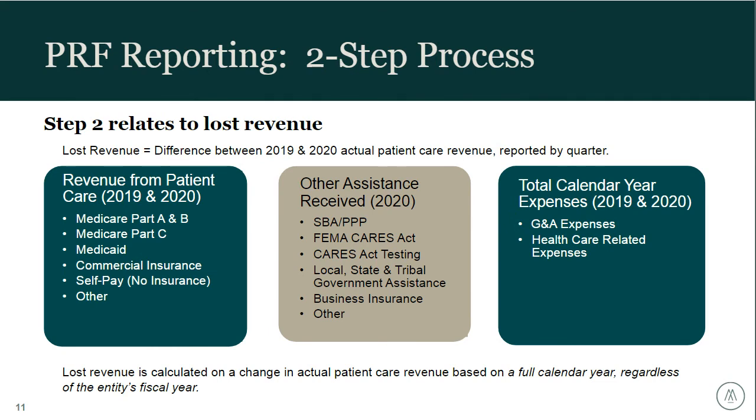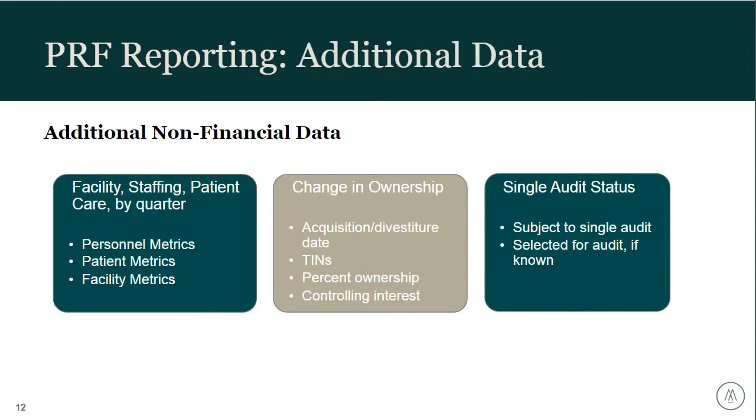Thank you. So last but not least, there are some non-financial data elements to report. That includes personnel metrics, patient metrics, and facility metrics, all reported out by quarter. They look at the total number of personnel by different labor categories and rehires, new hires, the number of admitted and resident patients, and the number of available staffed beds, critical care and other kinds of beds.